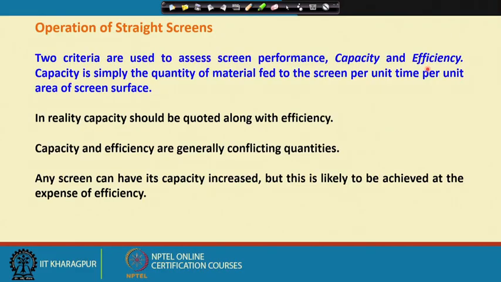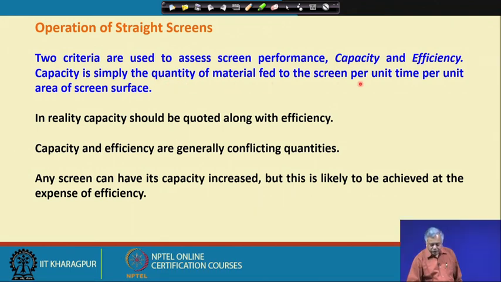So, we try to optimize the screen surface area by other means, like vibration, gradient, or even curvature. Let me repeat again: capacity is the quantity of material fed to the screen per unit time per unit area of your screen surface.